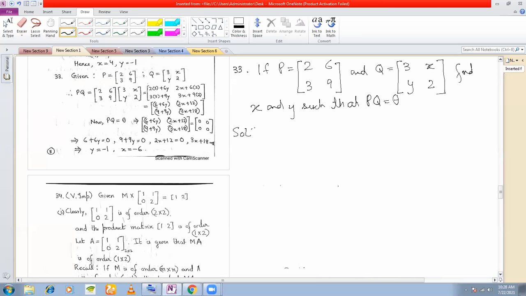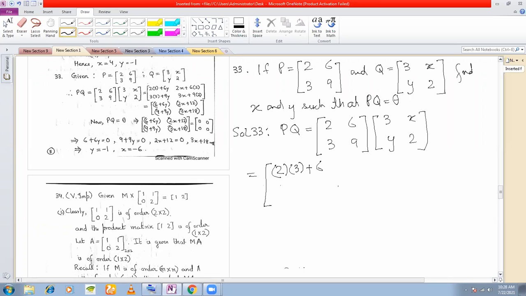Okay. Very similar to the earlier problems, except that we have to find PQ here. So let's first find out the product PQ. PQ is equal to 2, 6, 3, 9 into 3, x, y, 2. So what should be the resulting matrix? First row, first column. 2 into 3 plus 6 into y. First row, second column. 2 into x plus 6 into 2.